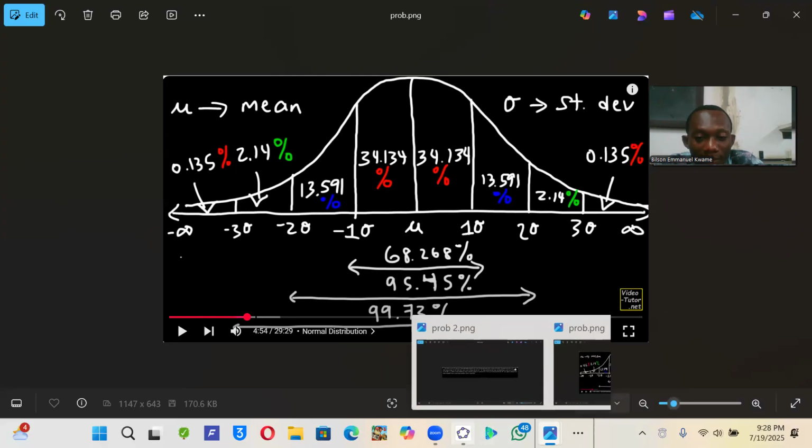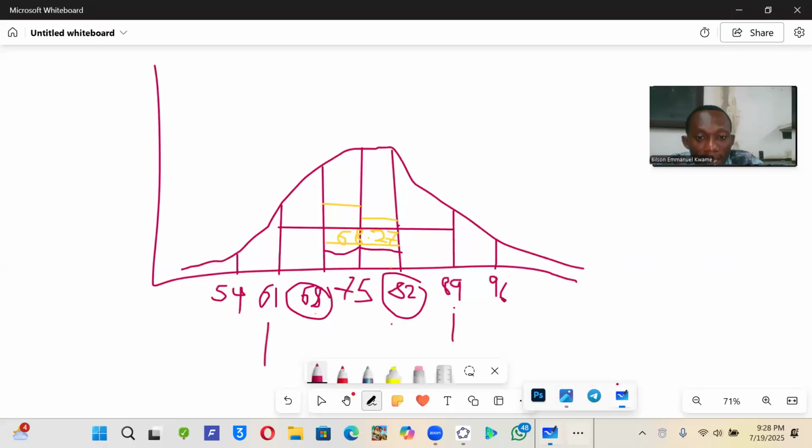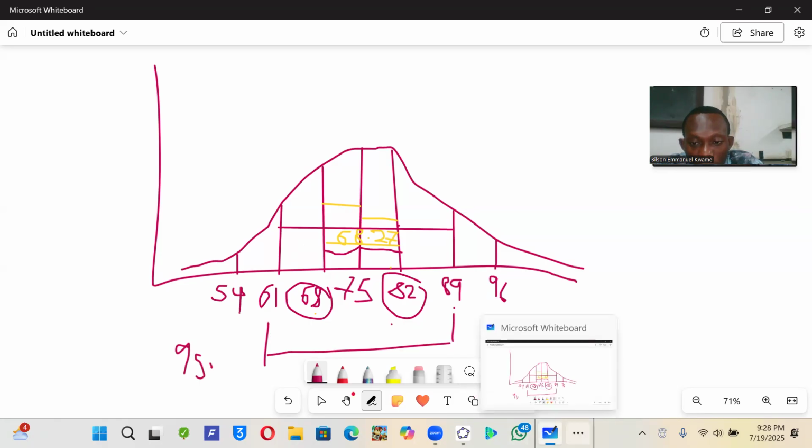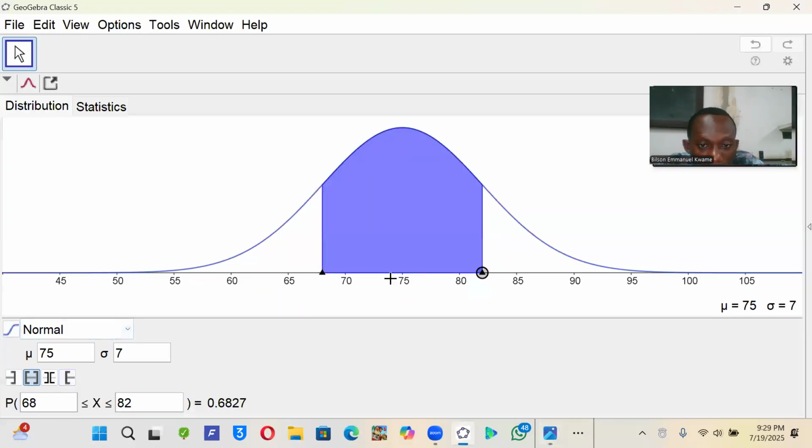So in explanation, if I come to my diagram, if I come to my board, you can see that 61 and 89 are 2 steps away from the mean, right? 2 steps. So the distance between them, let's come to our picture, is 95.45, right?